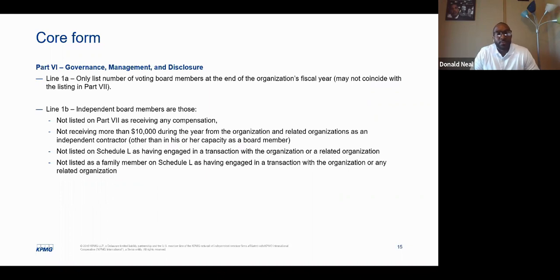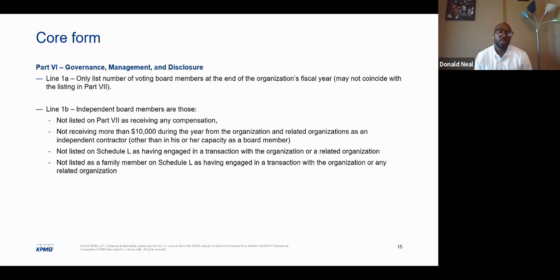Here's why: if you have board members that interchange during the year, you may have, let's say, a total of 10 voting board members at the end of the year, but 2 other members were on that board at some time during the year. So in Part 7, you may show 12 members. However, because 2 left and 2 came on to replace them, you're only going to show 10 that were voting at the end of the year.